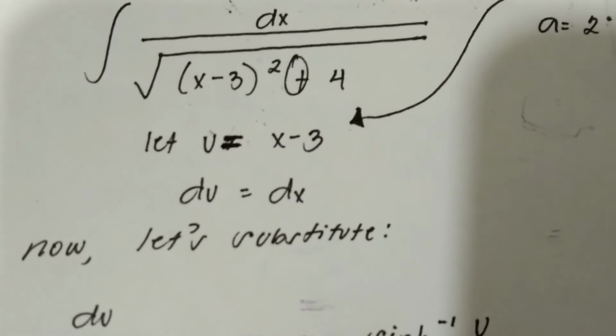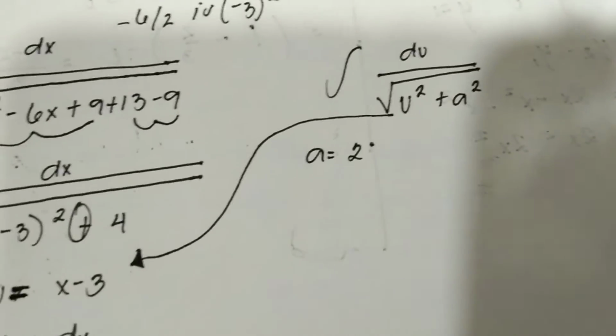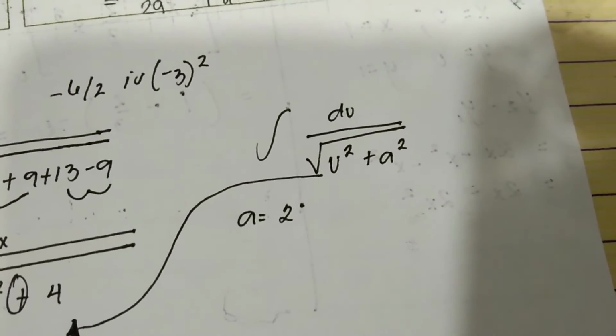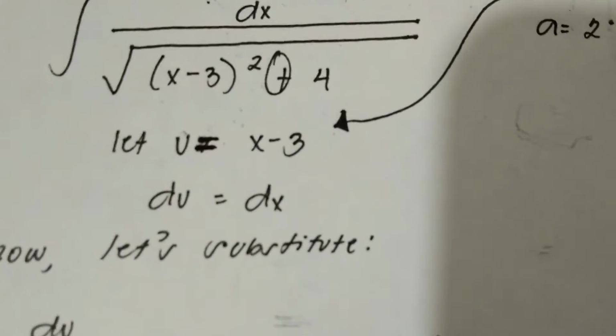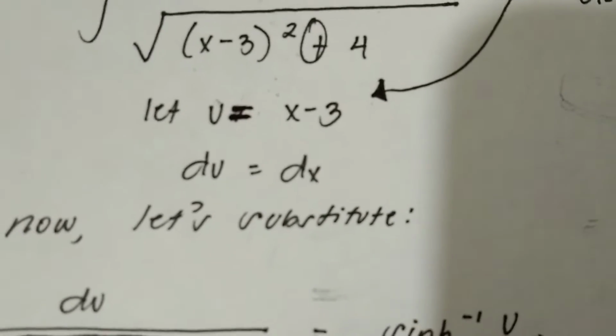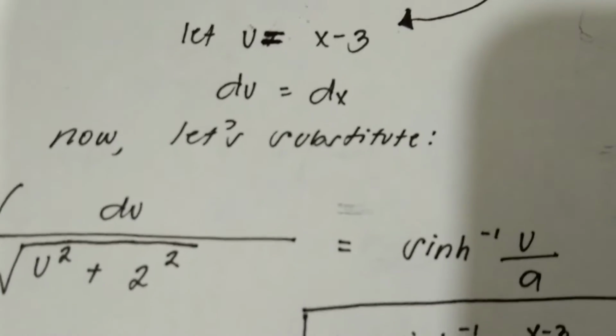We will use this formula. Our a here is 2. Because we need du in the formula, let's differentiate u with respect to x. So du equals dx.